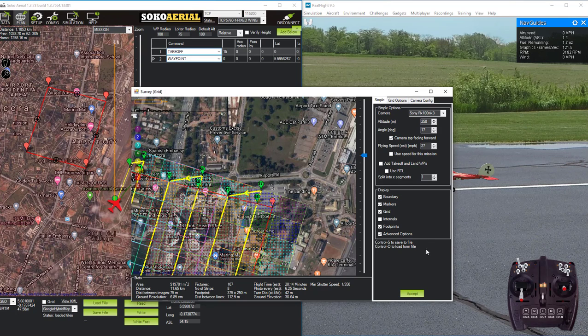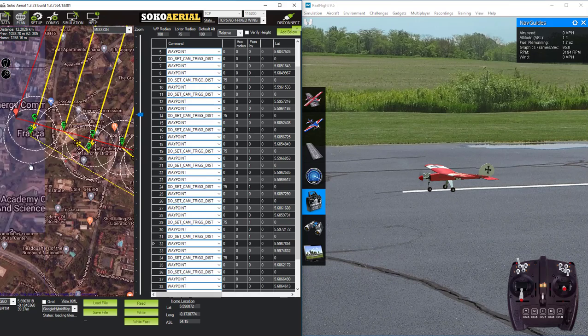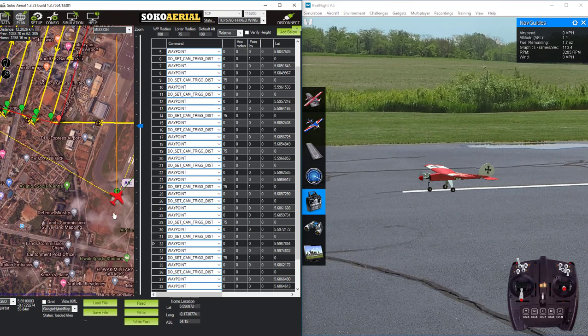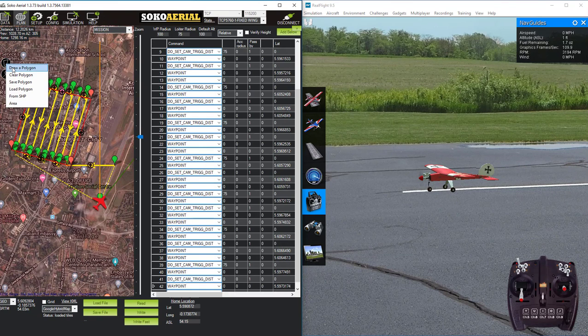So once that is done, we accept it, and so I have my mission grid made ready. So my aircraft is going to fly these paths, and then once it's done, it's going to come back home.